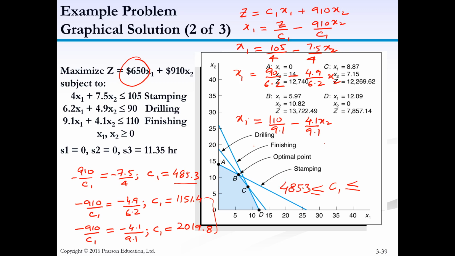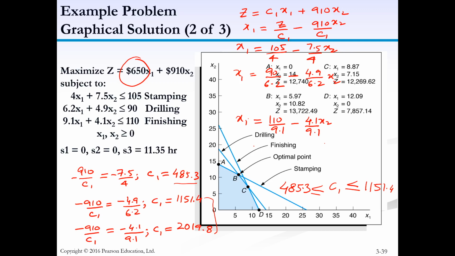And the upper, there are two values. One is 1151.4 and another is 2019.8. You can see which one is more sensitive, which one is closer to 650. The closer one towards 650 is 1151. This is more sensitive, so 1151.4. This is the range over which the corner point is not going to change.